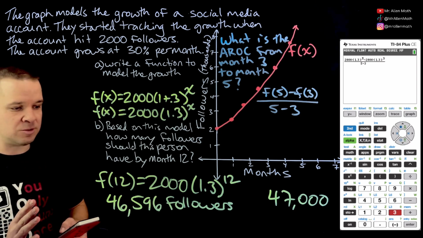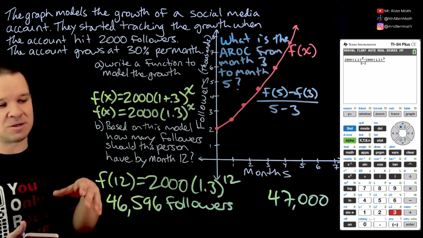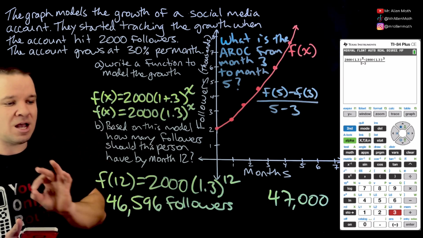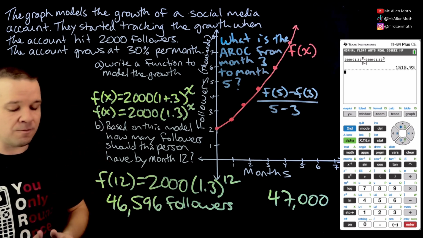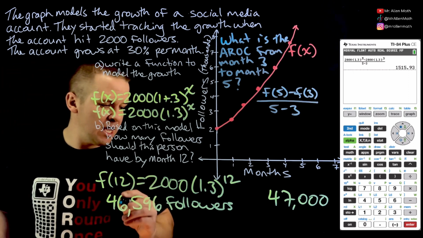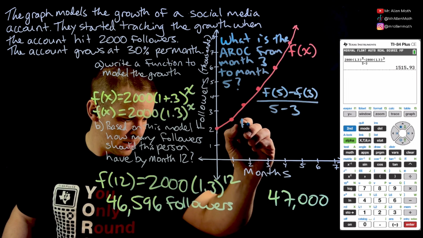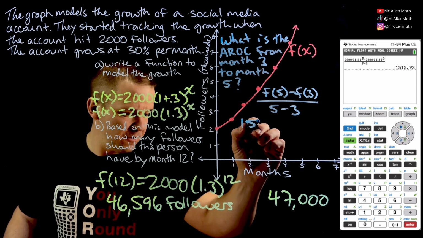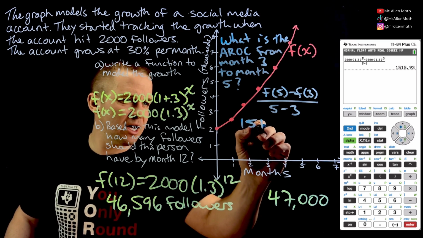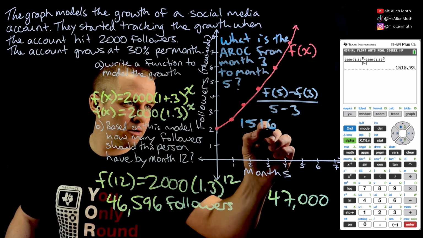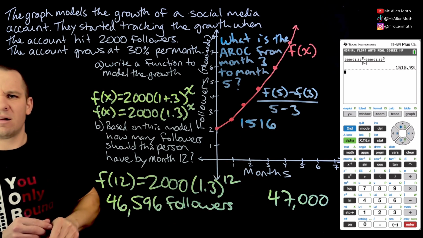But I'll type it all in so we can kind of see how it all is. See the exponents up there, the 5 and the 3, then you got 5 minus 3, all lines up nicely. Hit enter. My average rate of change is 1,515.93. We'll say 1,516.